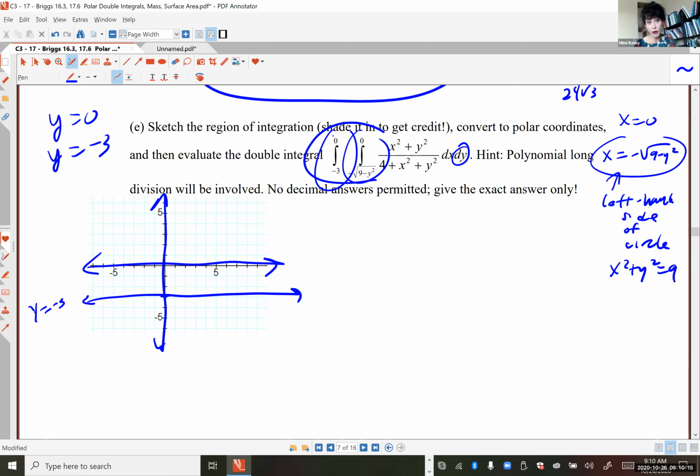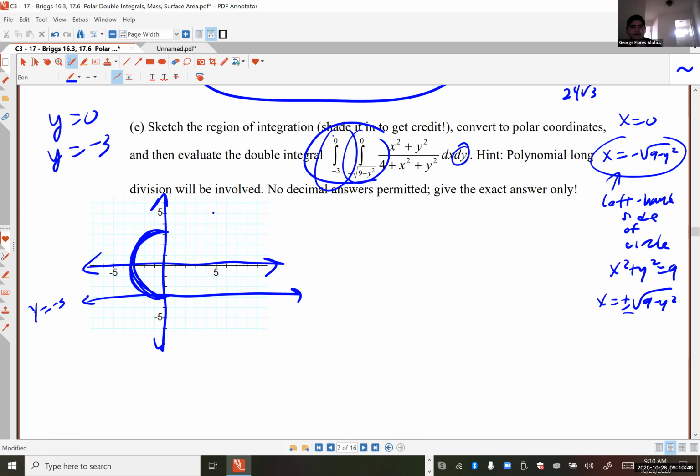Can you see that if you solve for x, you'll get two possibilities, plus or minus square root of 9 minus y squared? Well, the plus would be the right half side of a circle, but the negative is the leftmost semicircle. So we really want this. Now, here's the hard part. Can anybody see what I need to shade in? What is our region of integration?